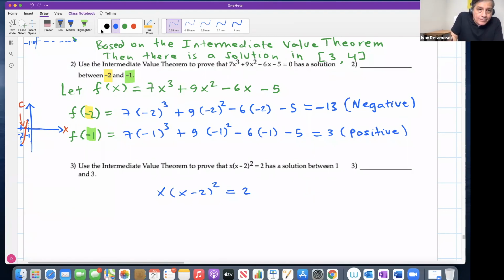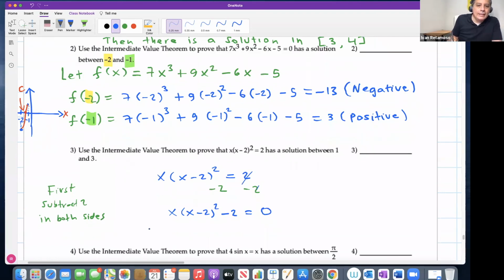Well, first, the hint is here: subtract 2 in both sides. Why, Professor, are we subtracting 2 in both sides? Well, that way this guy will come here, so then we're kind of back to normal, 0 here, as before. And then you let your function be equal to this guy.